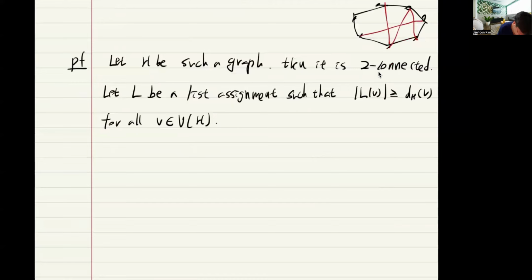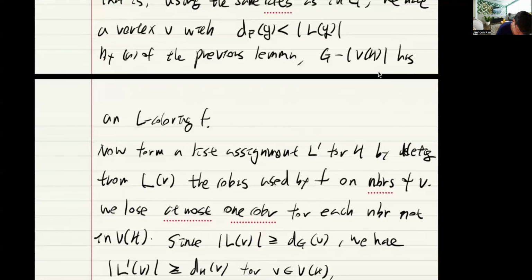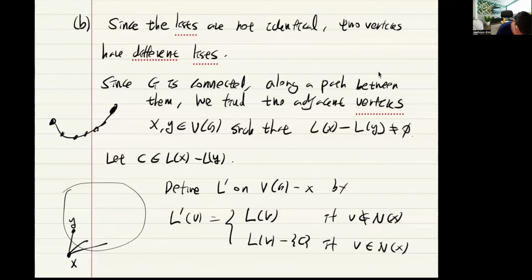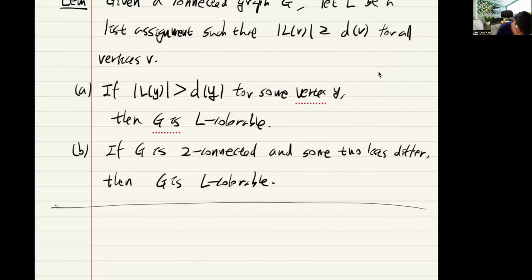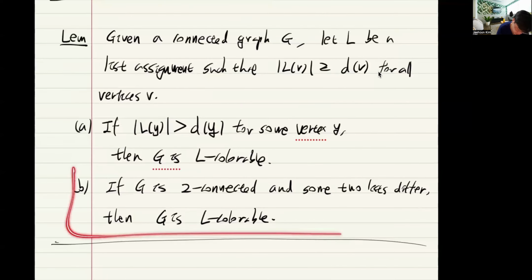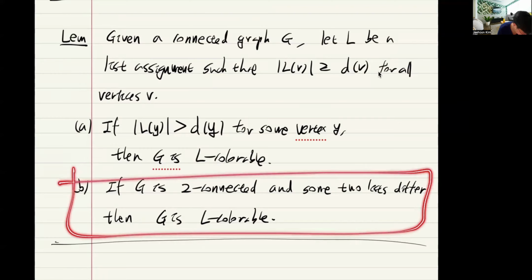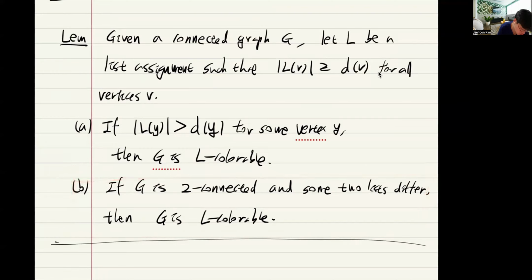Then we can consider two cases. If the lists are not identical, and it is two-connected, then the previous lemma applies. Then this shows that it is L-colorable.